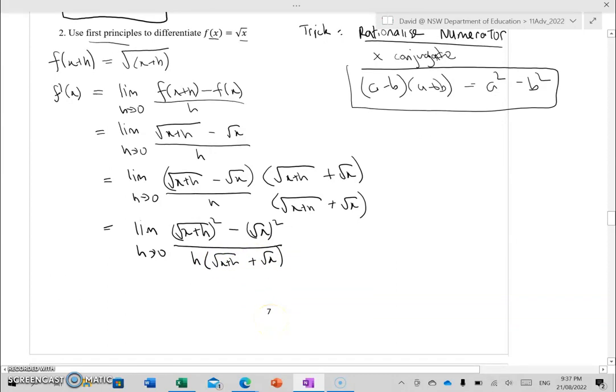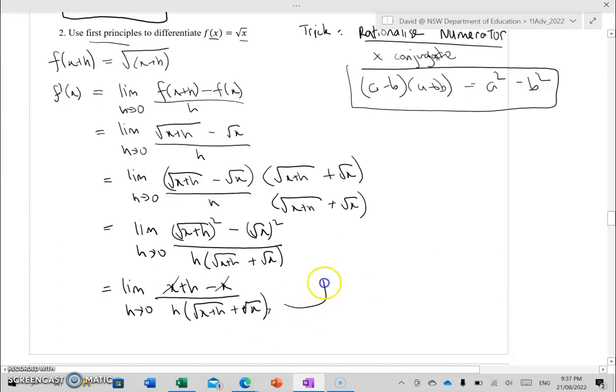Okay, let's simplify. So I'm going to remove the square root and the square, so that'll be x plus h minus x, over h times root x plus h plus root x. And hopefully you can see that something interesting happens on the numerator here. We've got an x and a minus x, and they cancel.